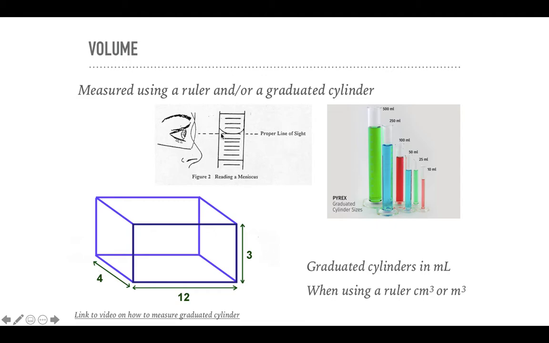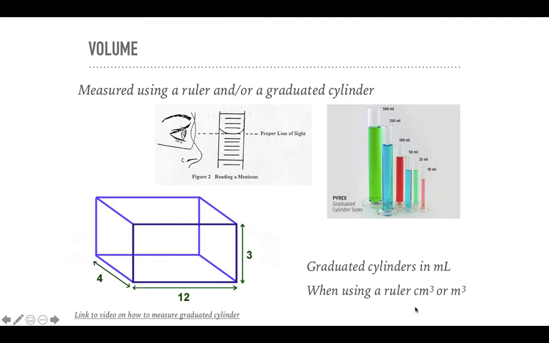And it says, I like the glass more. And it starts to climb up the walls. When it climbs up the walls, you have to understand that in order to measure it, if everybody's doing it the same, you don't measure the top of the meniscus, you measure the bottom of the meniscus. So you can see these test tubes here, they form a meniscus. It's concave, if you will. It looks like a cave and it goes down.